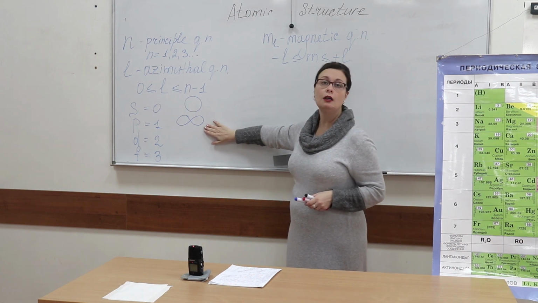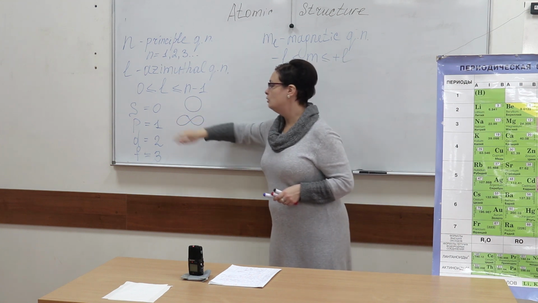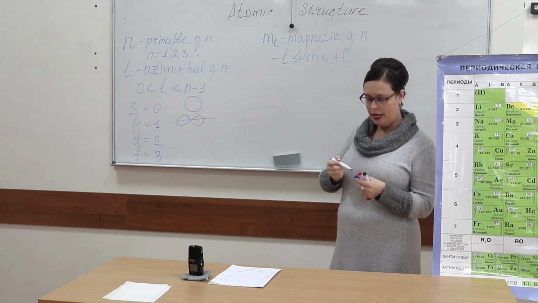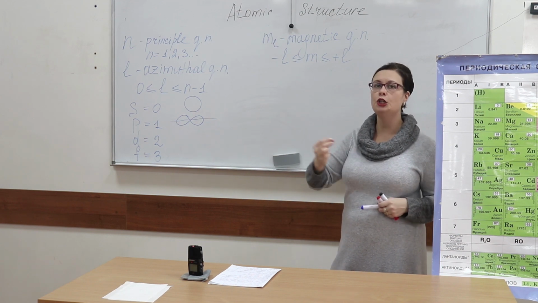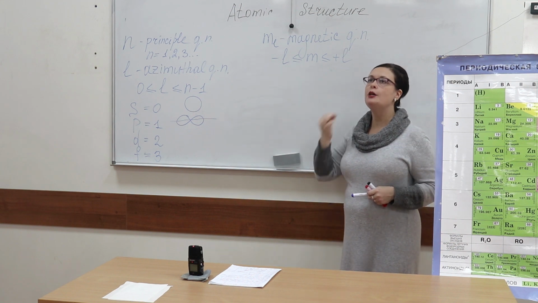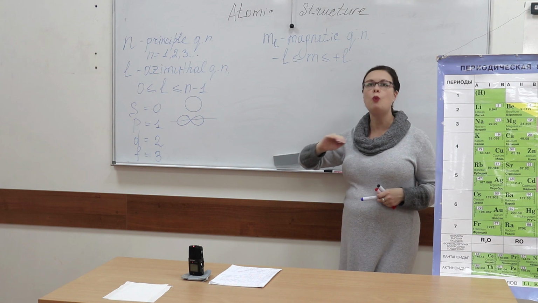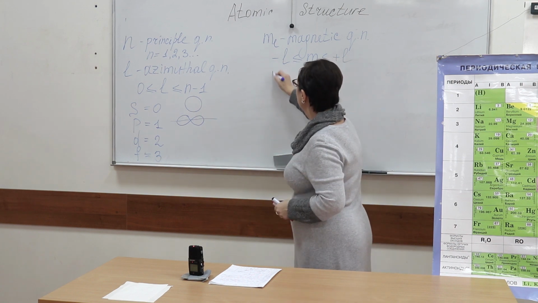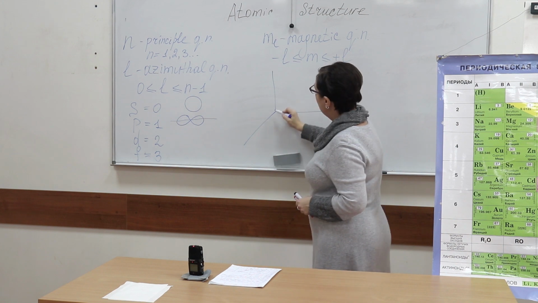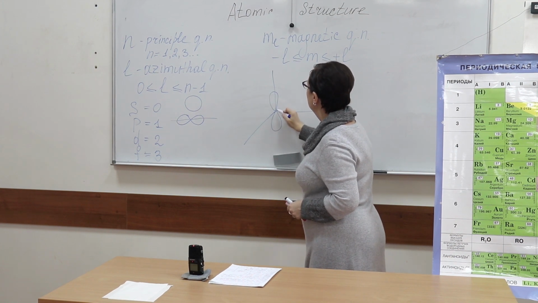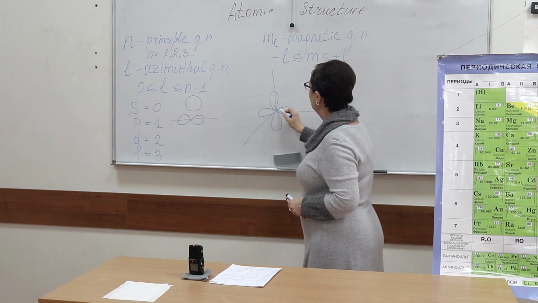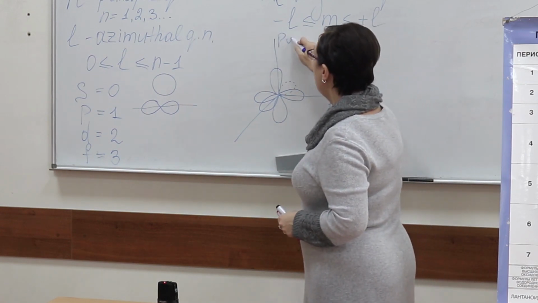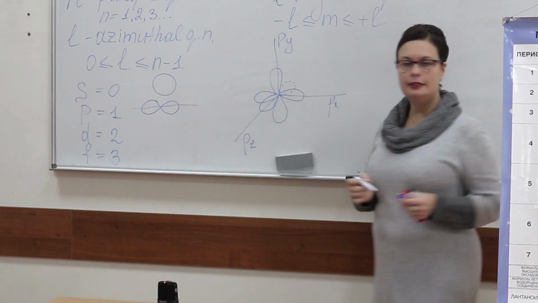But look at this dumbbell-shaped p orbital. It is placed along an axis. In our world, we have three-dimensional space, which can be expressed by three coordinates, three axes, x, y, and z. And three p orbitals are placed there as px, py, and pz orbitals.